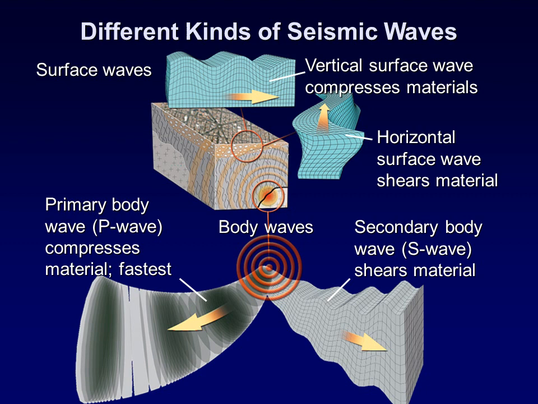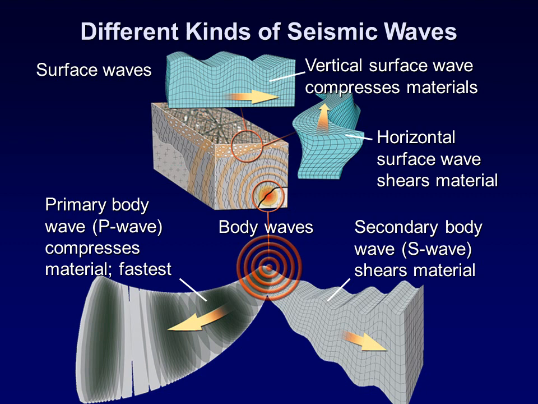The motion is perpendicular to the direction of movement. So if the wave is headed north, then it is sort of snaking side to side, east and west, as the overall motion is north. Okay, it's a side to side movement.